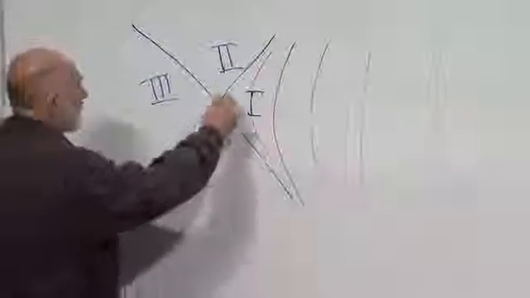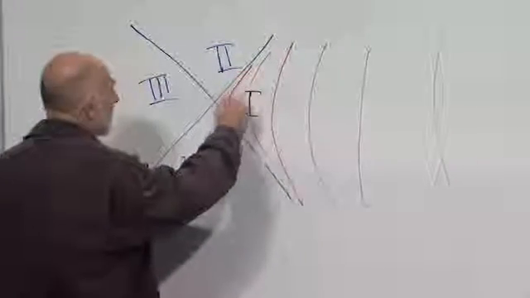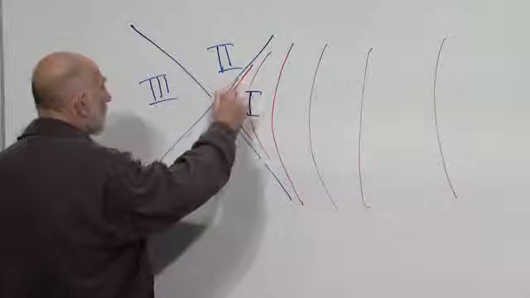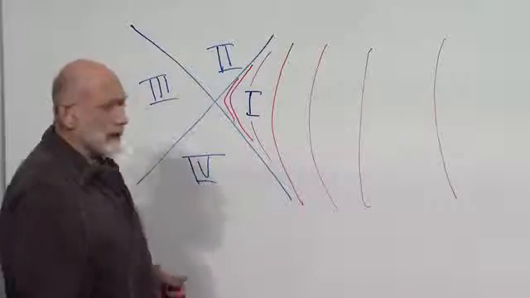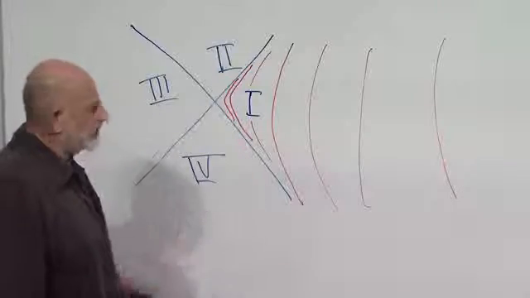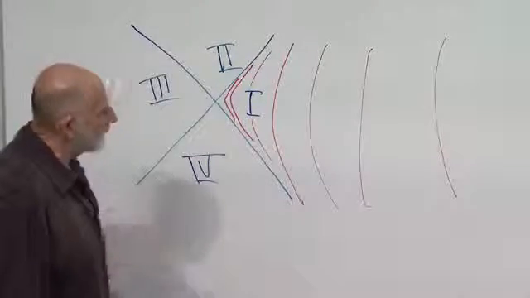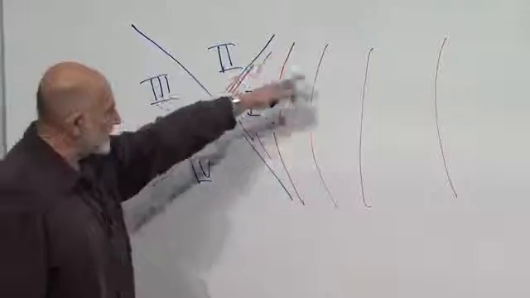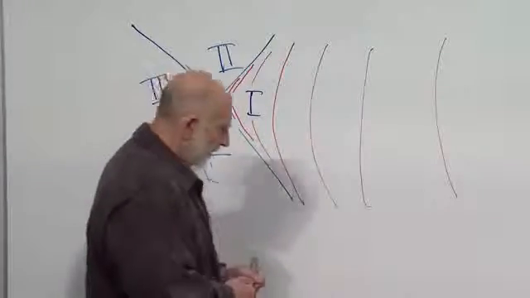In close to the horizon here, the closer you get to the horizon, the more you have to accelerate. That's the curvature of these lines here. The more you have to accelerate to keep out of the black hole. And in any case, this is the exterior.